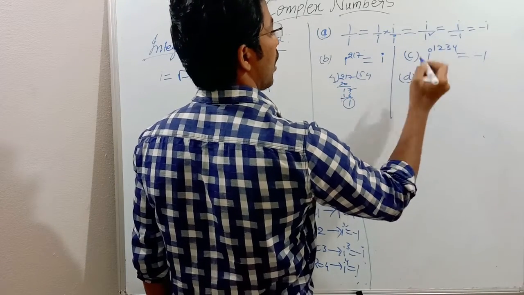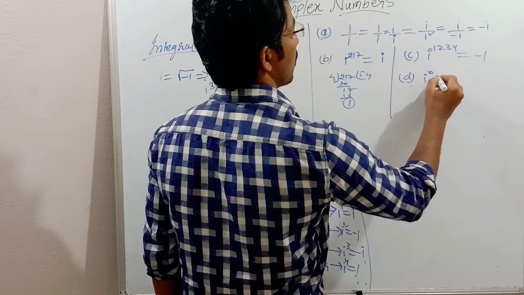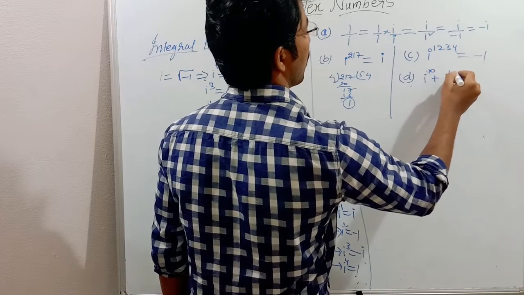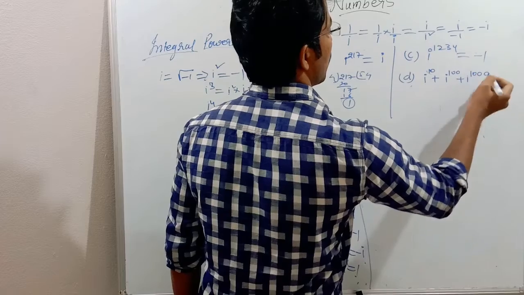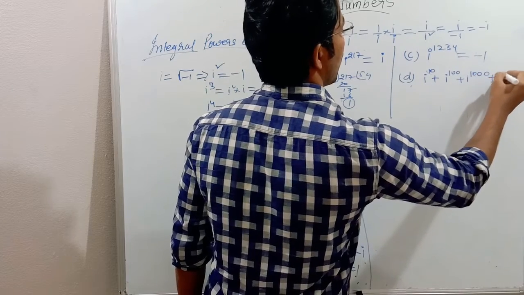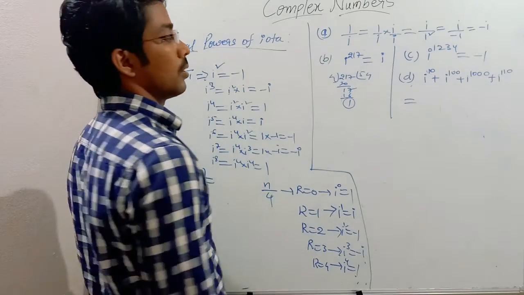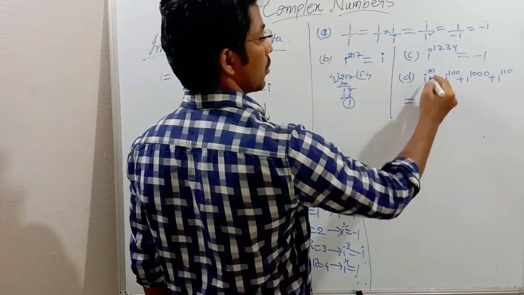Now I take i power 0, i power 10, i power 100, i power 1000 plus i power 110. What is the value of i power 10? 4 twos are 8, remainder is 2, so minus 1.